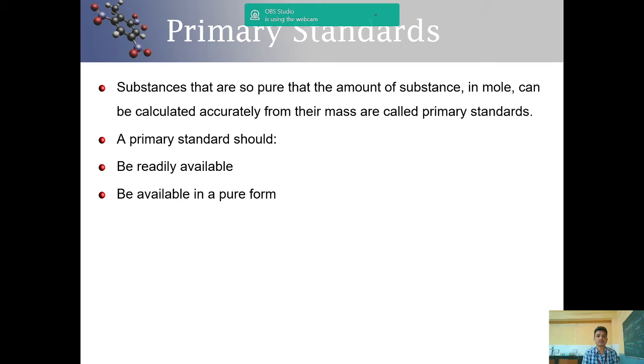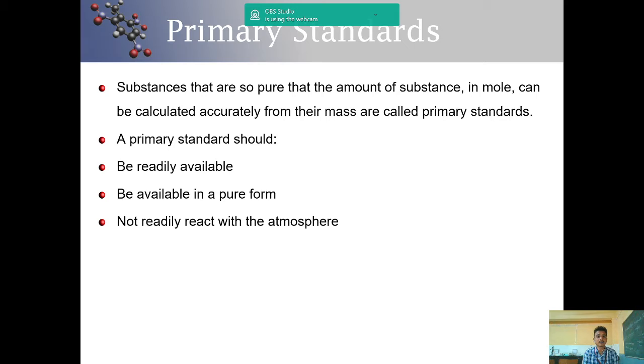We already said this in the definition. They should be readily available, but in a pure form. This is the second requirement.